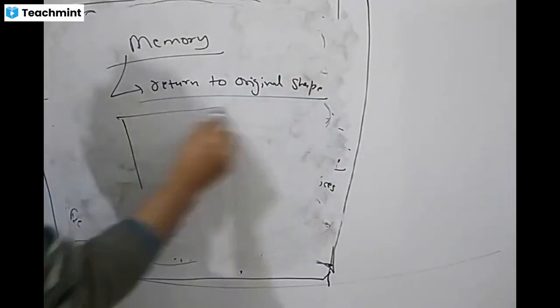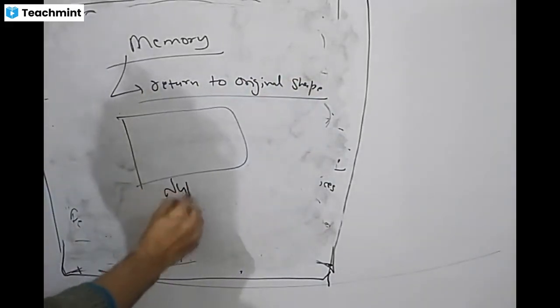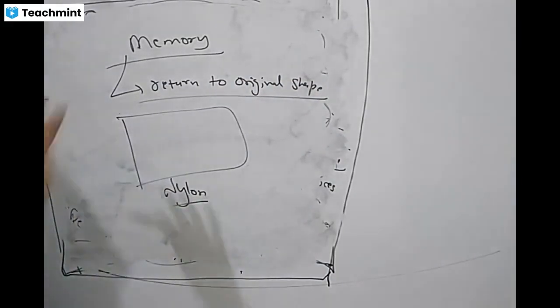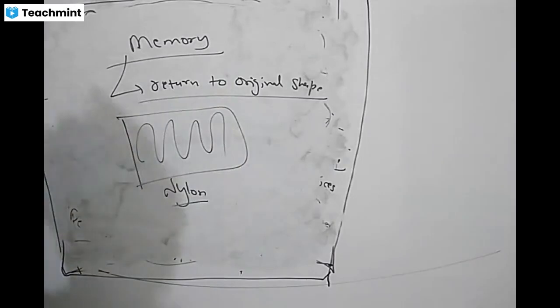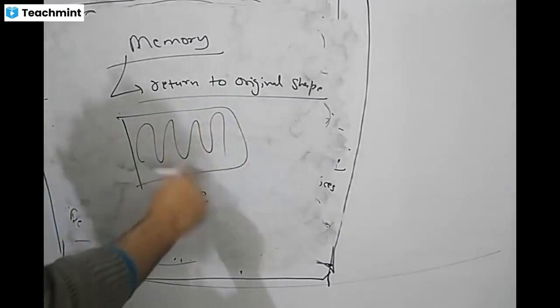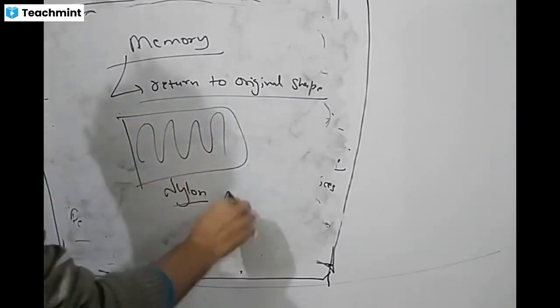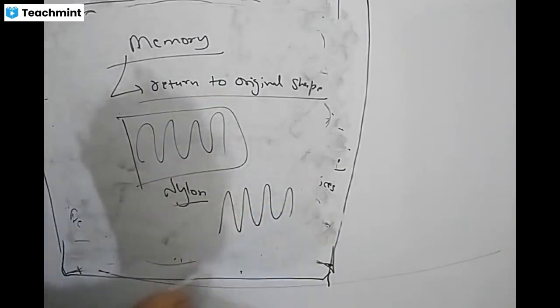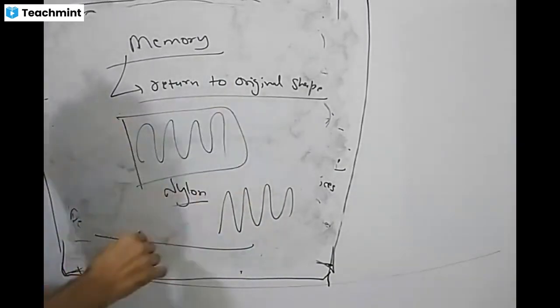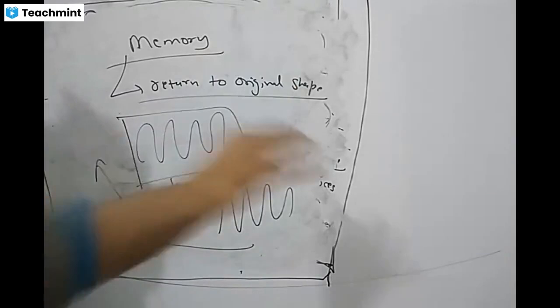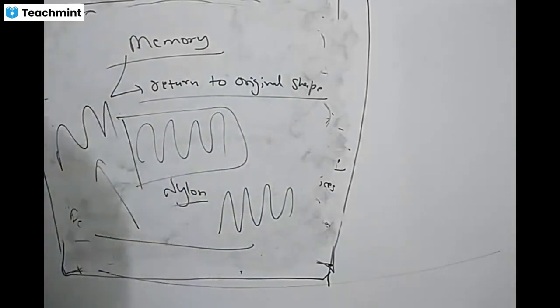This is the packet of the nylon, and this material is like this. If you open the nylon packet and bring your suture material outside, and if you make your suture material straight, then after leaving it on the table, it will again become like this.